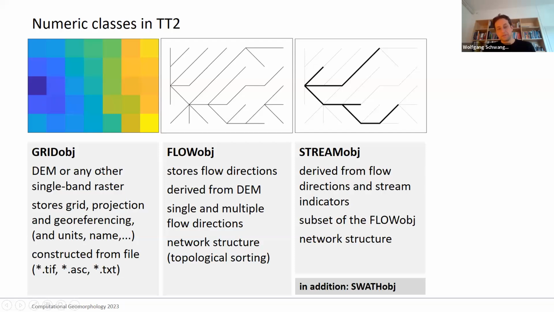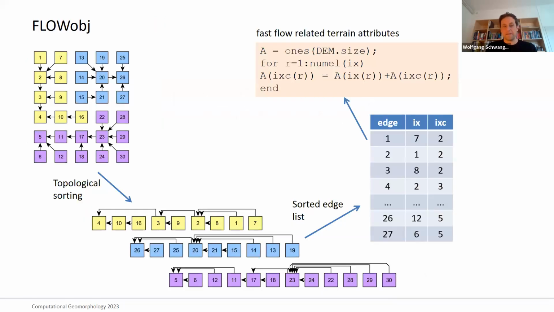From this grid object, you would be able to construct a flow object, which stores the flow direction. So something which is very similar to this transfer matrix that I introduced before, but here we used a more clever way to do that. And in fact, that involved what is called topological sorting.